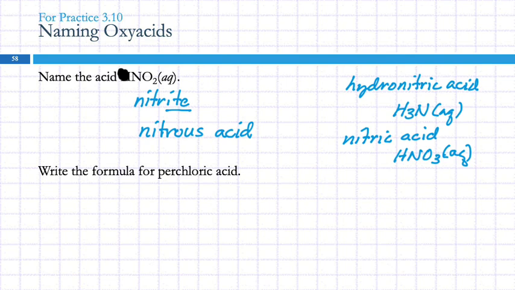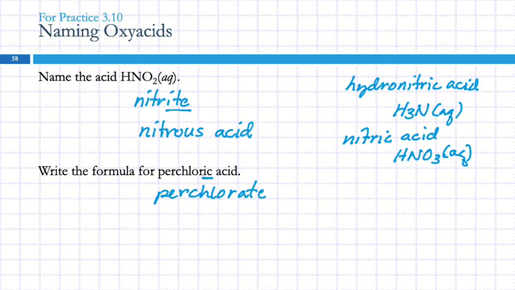Okay, let's do the other way. Write the formula for perchloric acid. So the oxyacids are based on the oxyanions. So perchloric, the ic goes with ite or ate? Ate. So this is an acid containing the perchlorate ion.